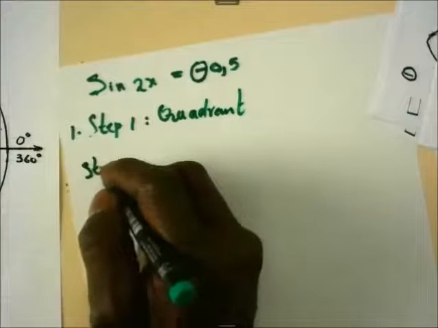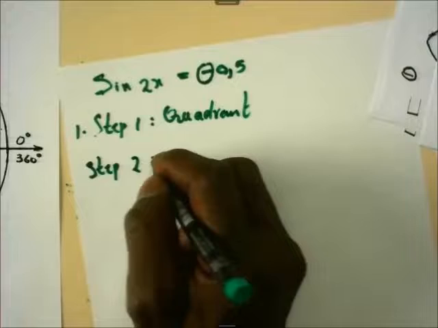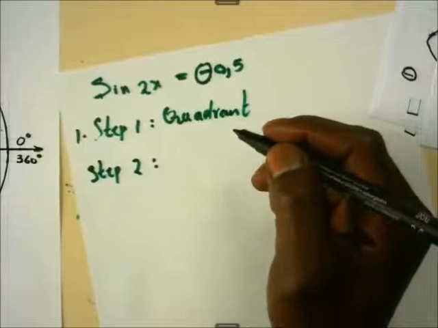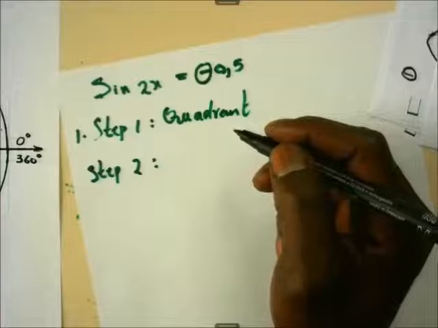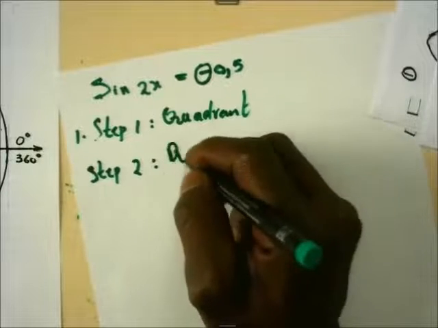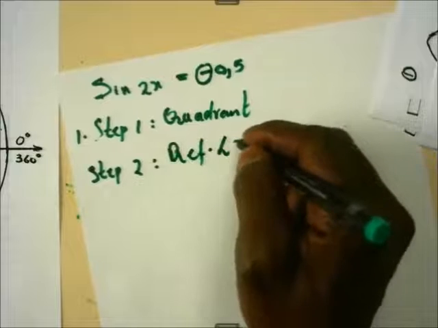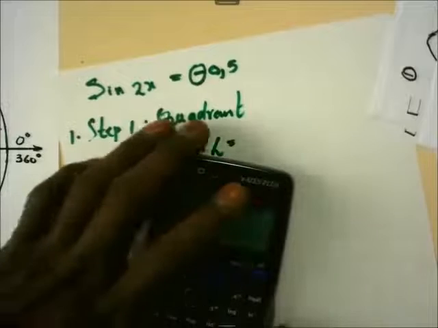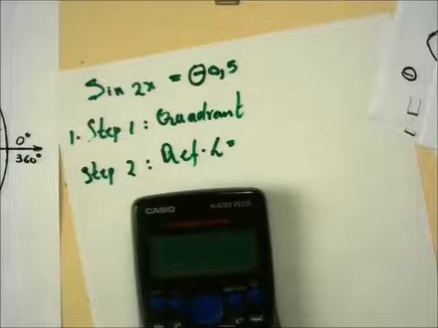Now, step two. What is our step two? We want the angle that we'll refer to in order to generate the solution for the problem. So that is our reference angle. How do we calculate our reference angle? For a start, we press second function, arcsine, or the Casio has put the brackets for me there.